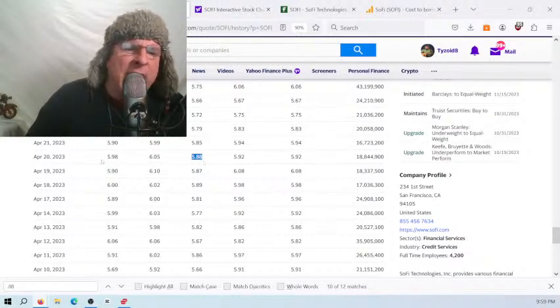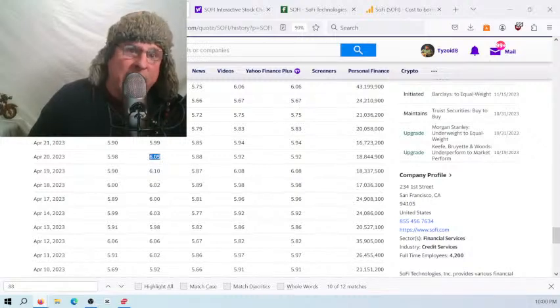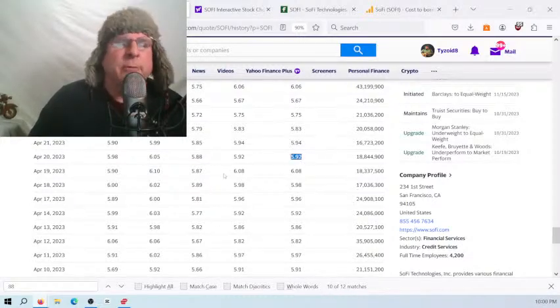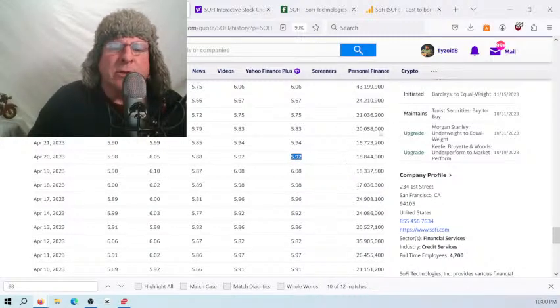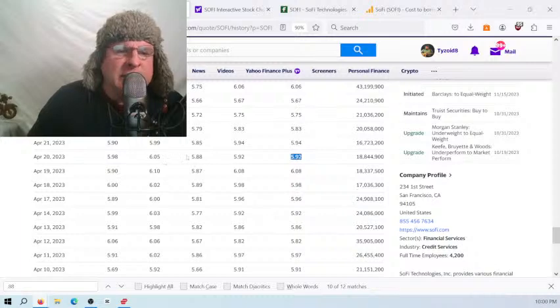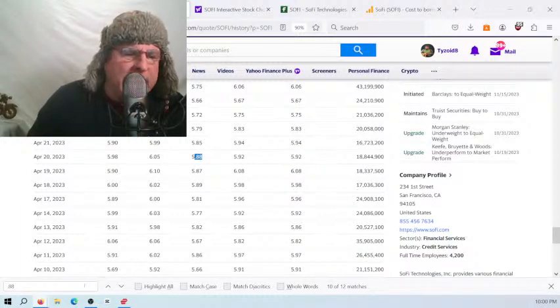And my guess is from 598, it went to 605, and then they attacked it at 9:45, and at 9:45 they knocked it down from 605 to 588 because it closed 592. And easy for them to do when you only got 16, 17, 18 million shares like you got over here now. So now after that 88 cents that I point out to you there, where's the next 88 cents?